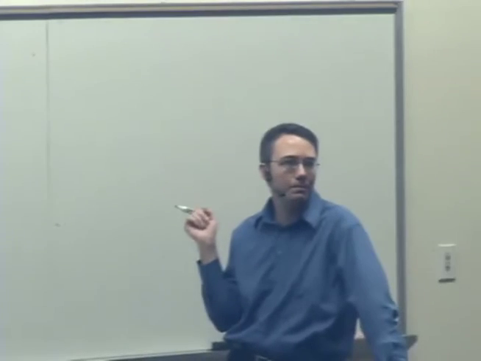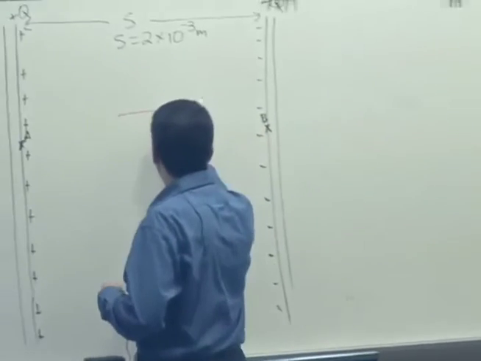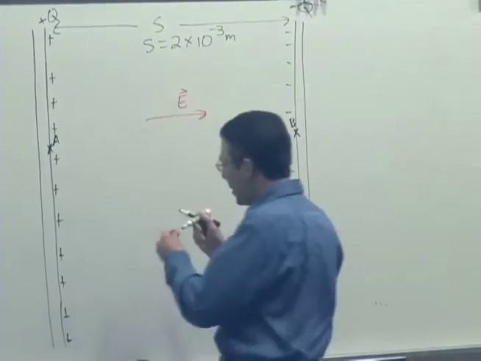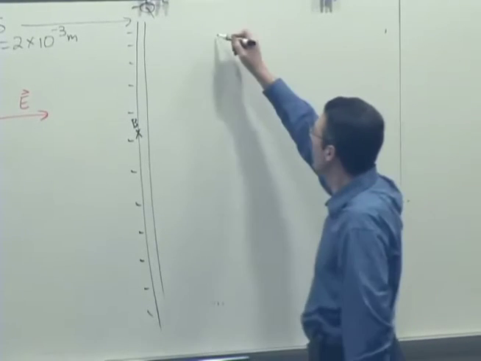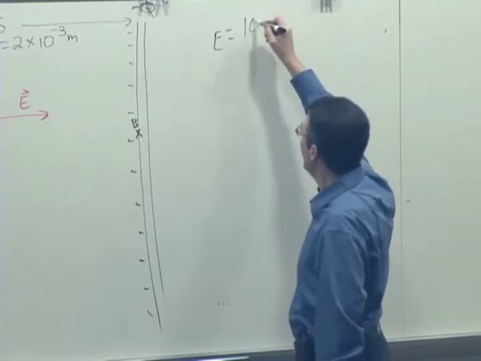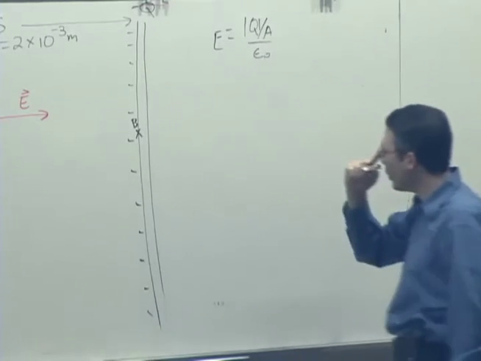Inside this capacitor gap, the electric field is pointing what direction? To the right, okay. And the magnitude of it is what? Q over A epsilon 0. You had to use this last night for a homework set.